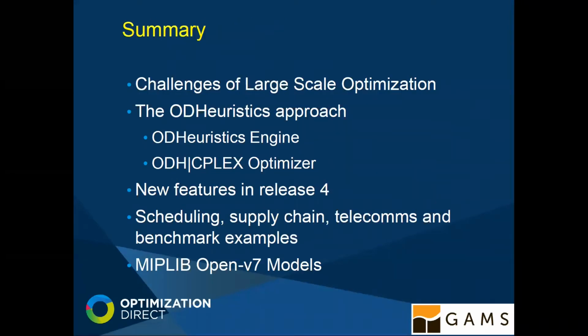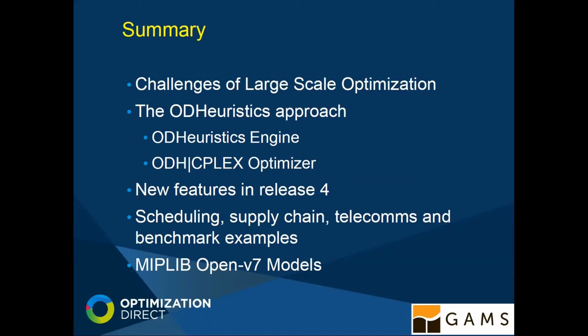So in summary, what I'm going to do is talk about some of the challenges presented by optimization these days, in particular, those of dealing with very large problems, large-scale optimization, and how we address these with ODH heuristics.